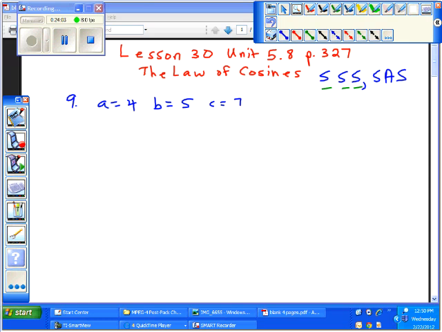Okay, this is important. That means we could use any of them because we're going to find an angle first. But if you're using cosine, we want to find the largest one first. This is important. Let me show you why. Cosine is positive here, and cosine is negative there. Now, you know what's going to happen when you throw all those numbers in there? A squared equals B squared plus C squared minus blah, blah, blah.